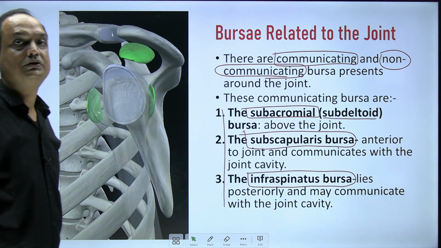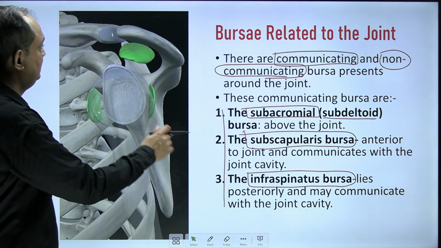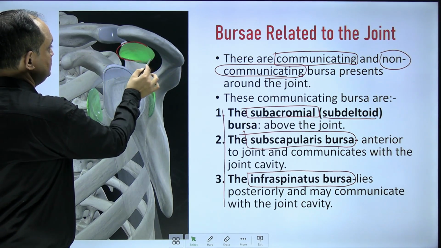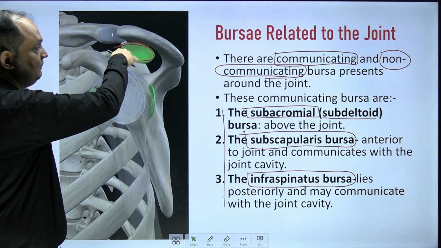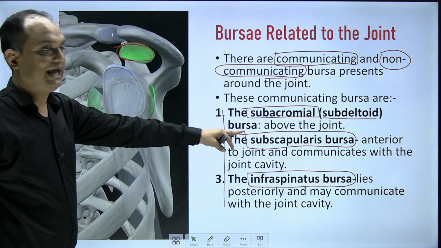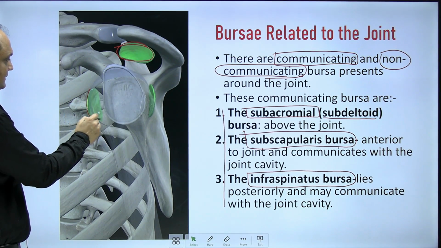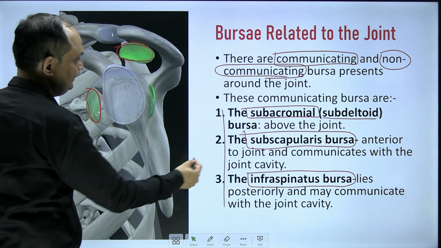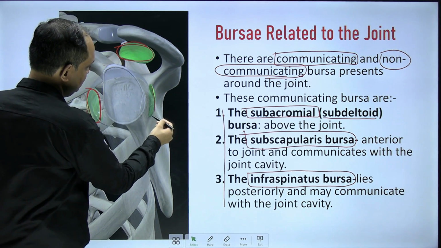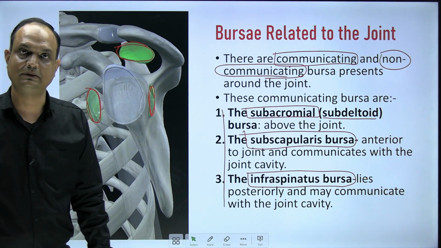So what is the location of these three bursae? The subacromial or subdeltoid bursa is in the upper part of the joint, below the acromial process. So it is in the upper part. For the subscapularis, you know that the subscapularis muscle lies anteriorly, so you will have this anteriorly placed subscapular bursa. The infraspinatus muscle is on the posterior side, so you will have the infraspinatus bursa.